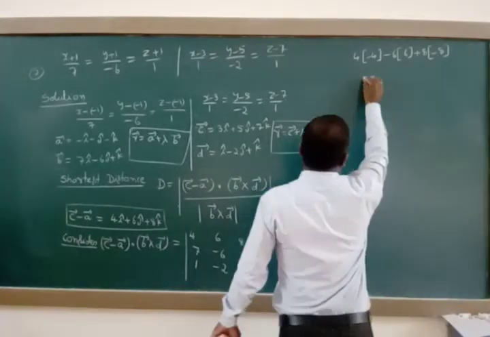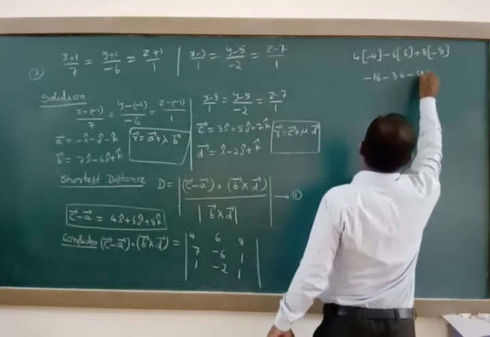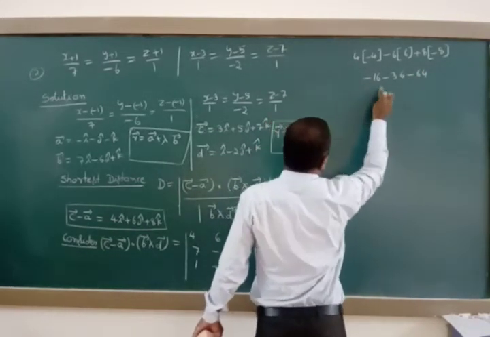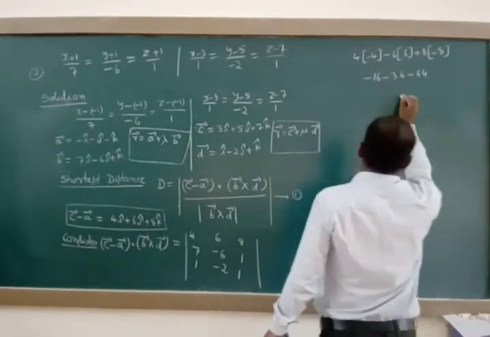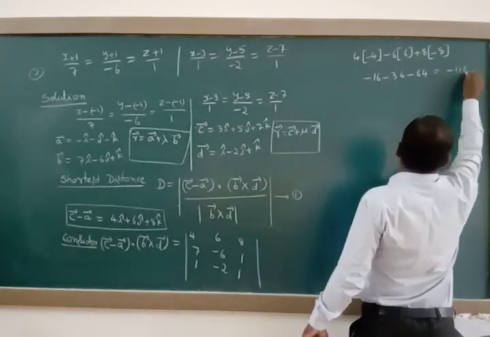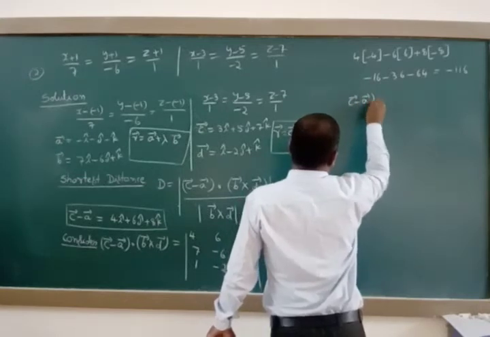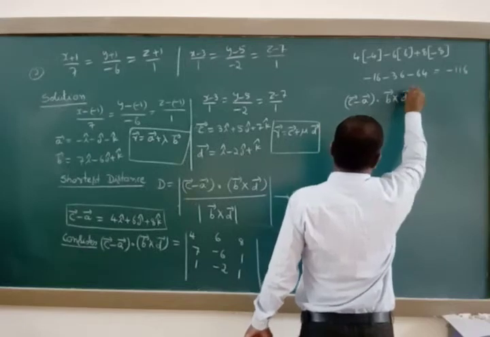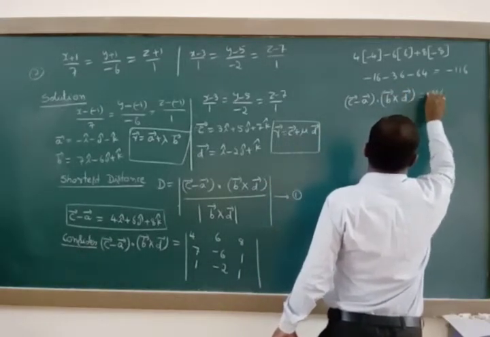That is minus 16, minus 36, minus 64, that is minus 116. Therefore c vector minus a vector dot b vector cross d vector is equal to minus 116.